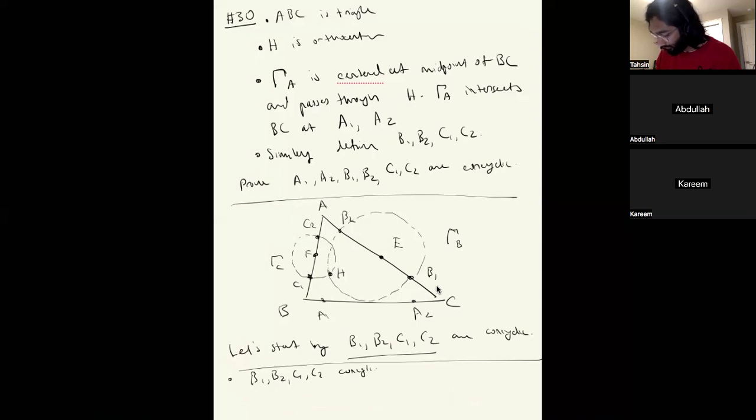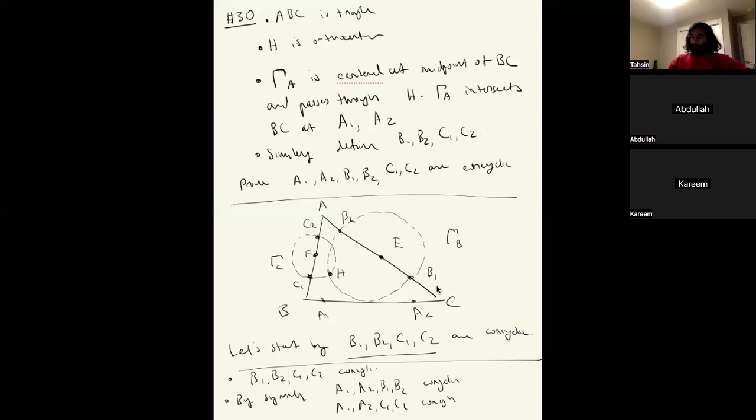By symmetry, A1, A2, B1, B2 are concyclic, and so are A1, A2, C1, C2. Okay, so maybe it's a little bit messy to draw, but you should imagine that among these 6 points, if I take them 4 at a time, among these 3 pairs, they'll be concyclic.